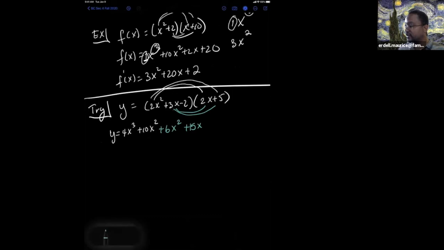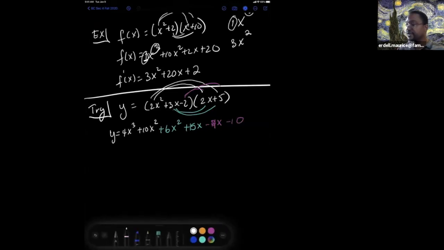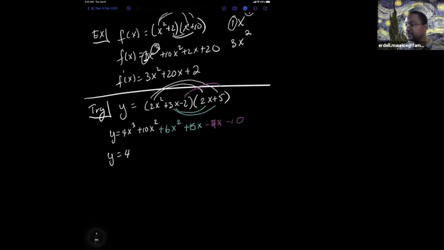And then I move to the last term. 2 times 2 is negative 4, sorry, 4x. And then negative 2 times 5 is negative 10. I then collect like terms. This and this is 16x squared. This and this is 11x minus 10.